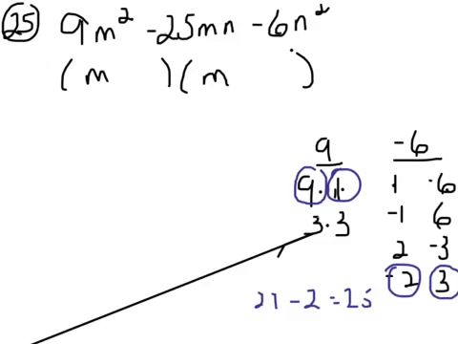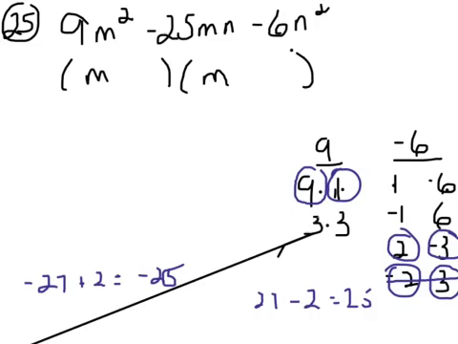So that one's not right, but it's close, isn't it? I want a negative 25, so maybe it's the one above it. 9 times negative 3 is negative 27, and 1 times 2 is a positive 2, and negative 27 plus 2 is negative 25.